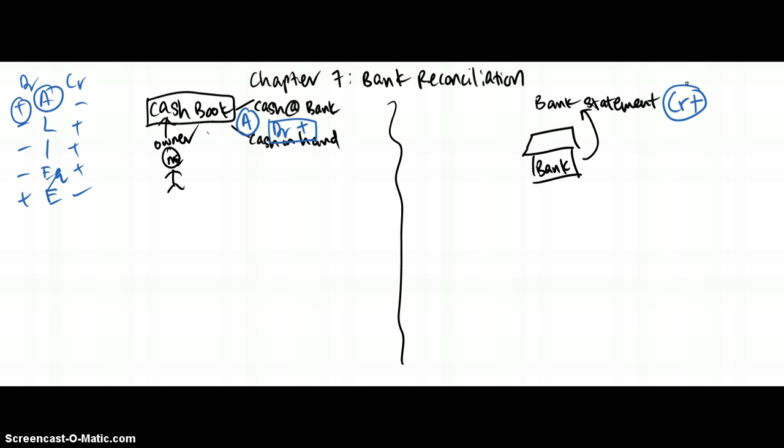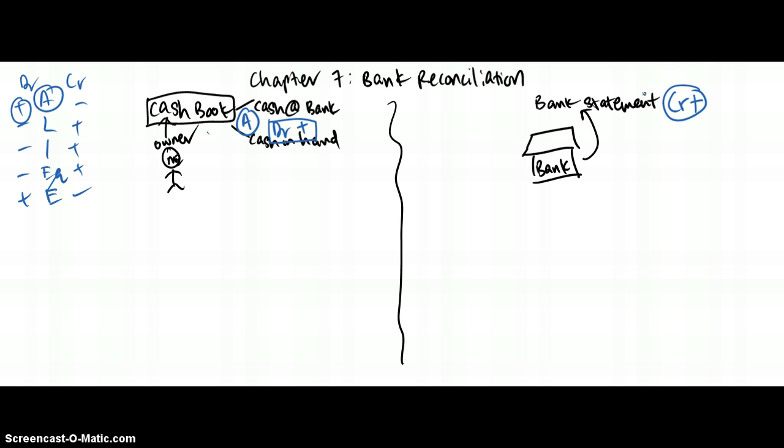It is a matter of perspective, because the money that you have in the bank, the bank sees as a liability. The bank uses your money, which is not their money, for investment purposes and so on, so they see it as a liability. So in their perspective, they would see it as a credit balance.